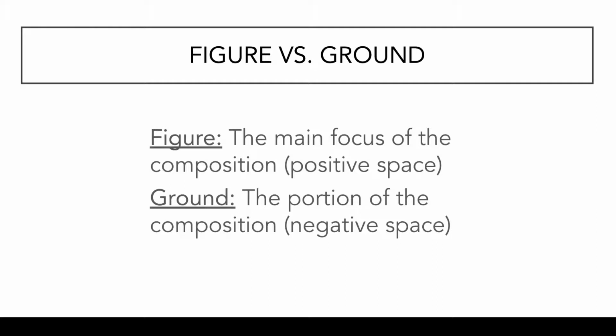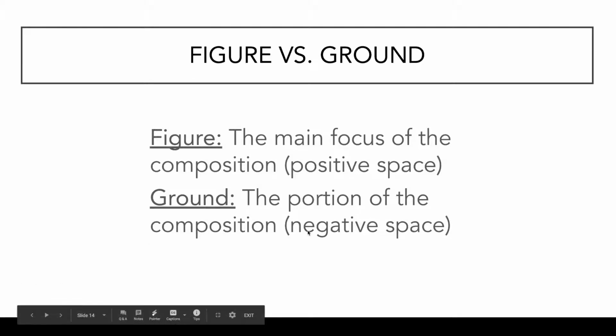This is also termed positive space. So you're going to hear me using these terms in our class quite a bit. When I refer to positive space, know that I'm talking about the main focal point or the subject matter of the composition. This could be still life items, this could be a human figure, whatever is the main focus of our composition, that's going to be the figure.